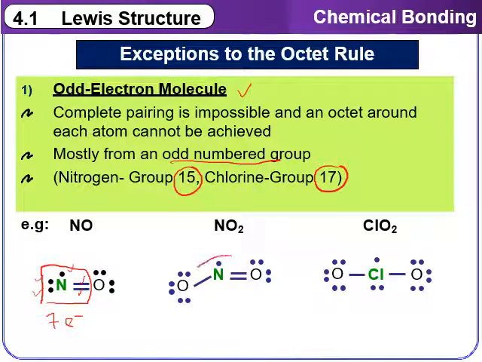The same case happens here, the central atom is nitrogen, 2, 4, 6, 7 electrons. Next is chlorine, 2, 4, 6, 7, 7 electrons. All these are examples of odd electron molecules.